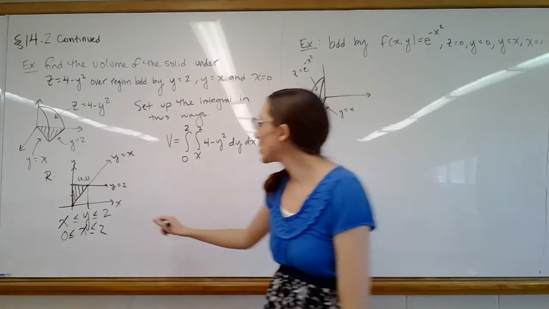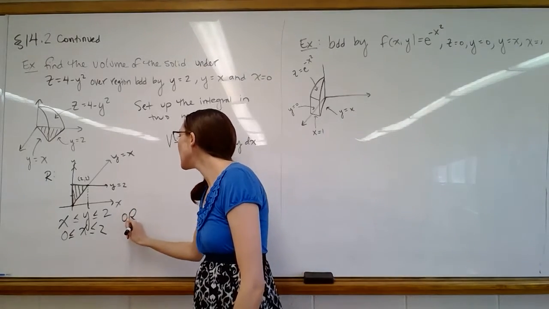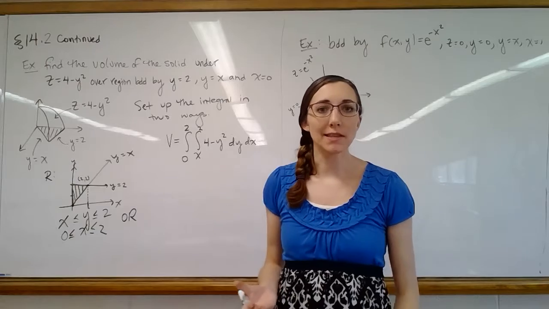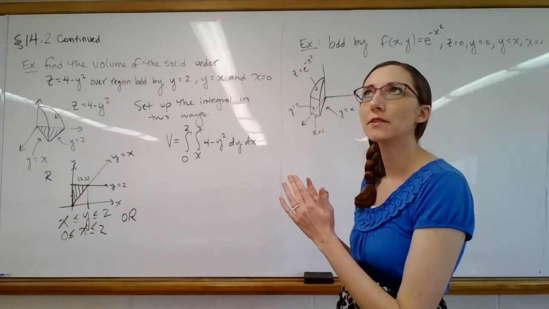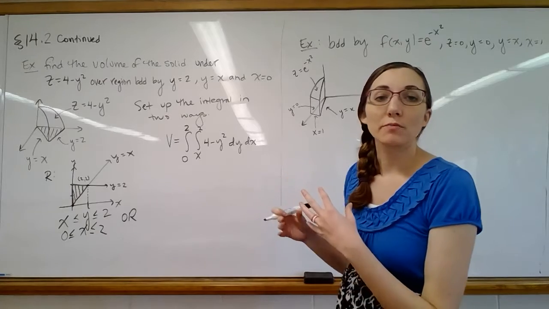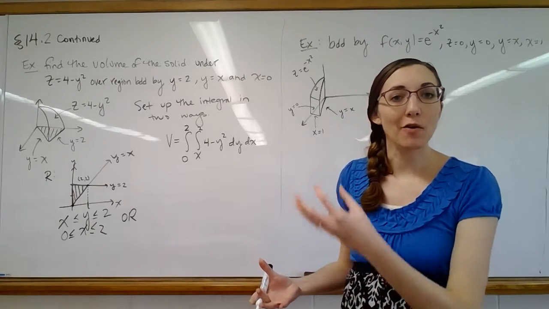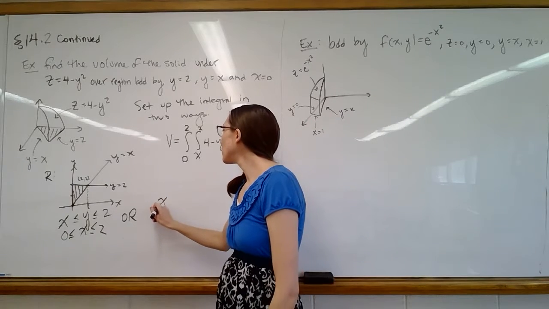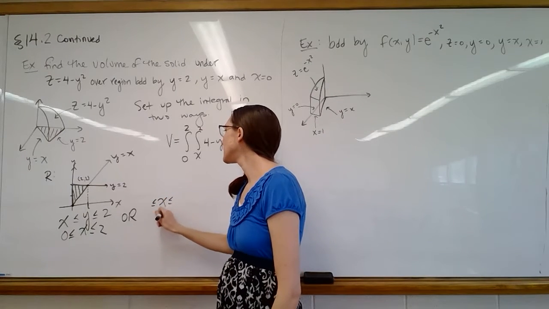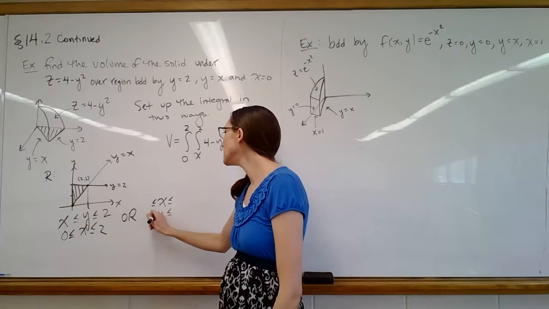So we could instead try and look at this as a right curve, left curve scenario. So we could instead look at functions of x in terms of y and think about function bounds for x first that will still define the same region.